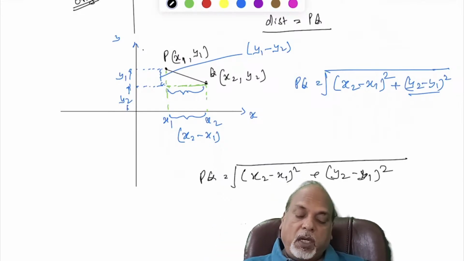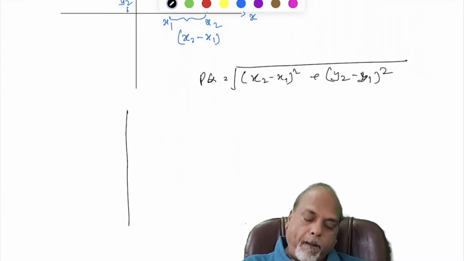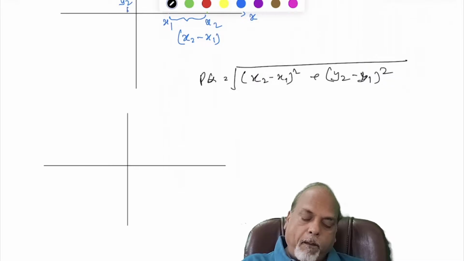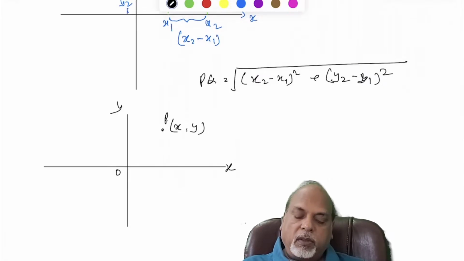Suppose you want to find out the distance from the origin. Suppose this is P and this is O, and P is (x, y). This is the x-axis, this is your y-axis.